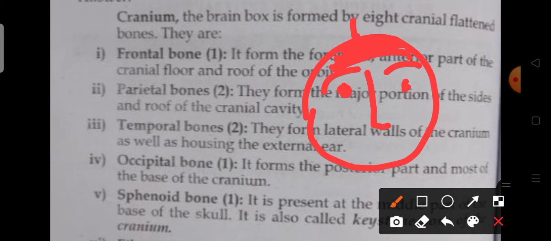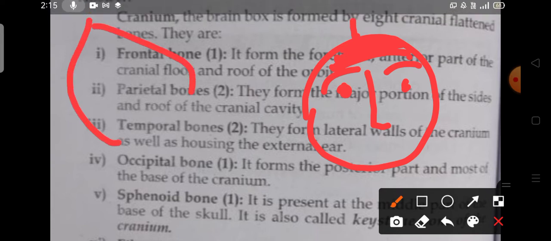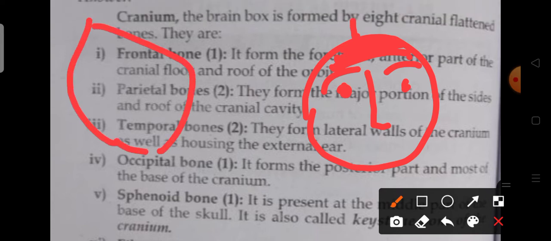Next, coming to the parietal bones. They form the major portion of the sides of the roof of the cranial cavity. If you see the upper part of the brain, this is the front and this is the back.